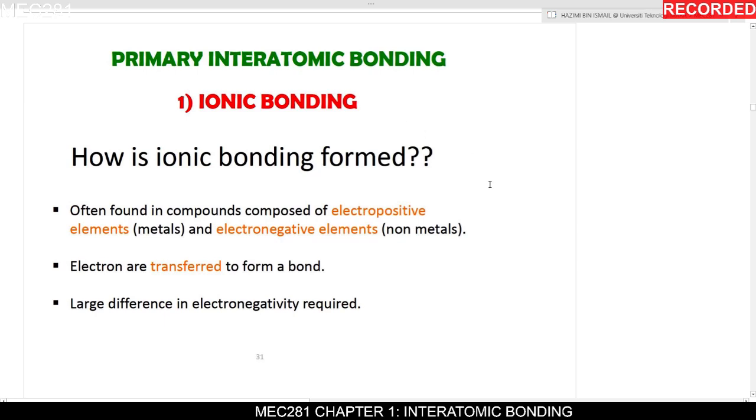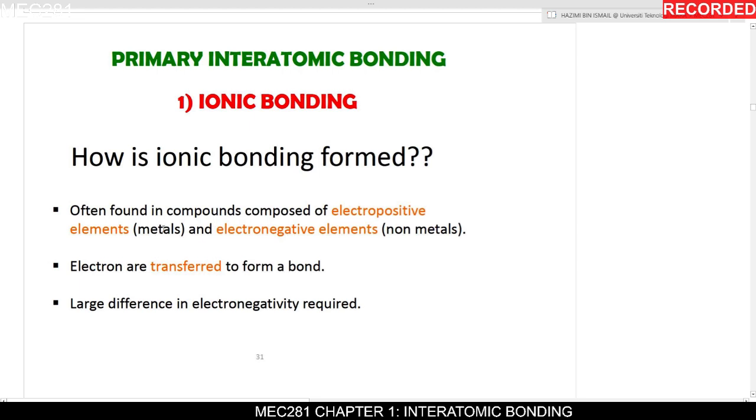How is ionic bonding formed? It is often found in compounds composed of electropositive elements. Electropositive elements have the tendency to give or release their electrons, so they are positive. When you give the electrons, you are positive.